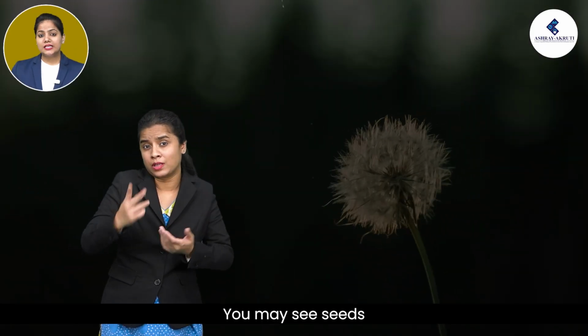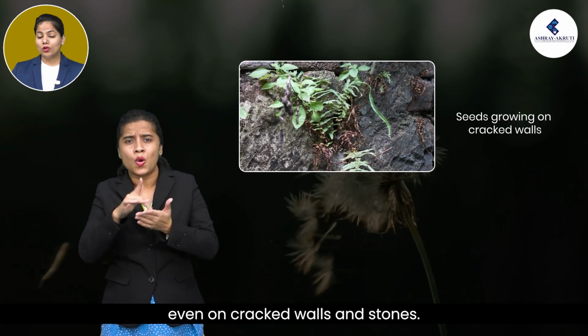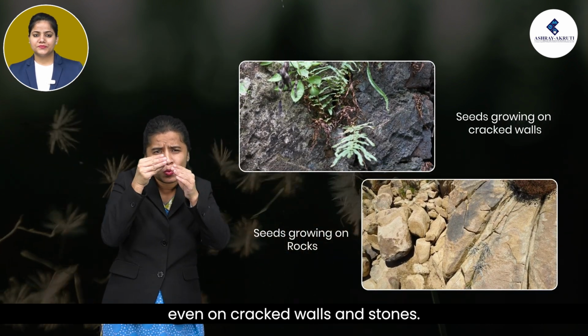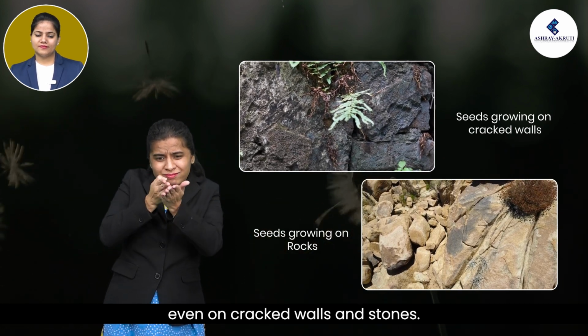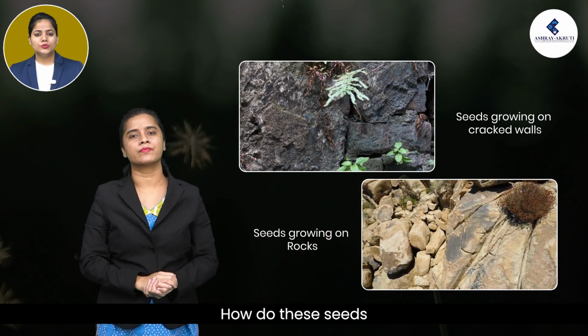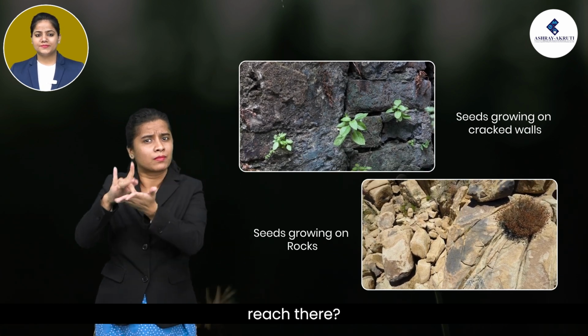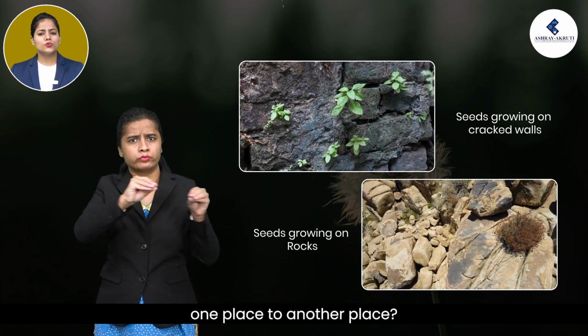You may see seeds grown in different places, even on cracked walls and stones. How do these seeds reach there? How do they travel from one place to another place?